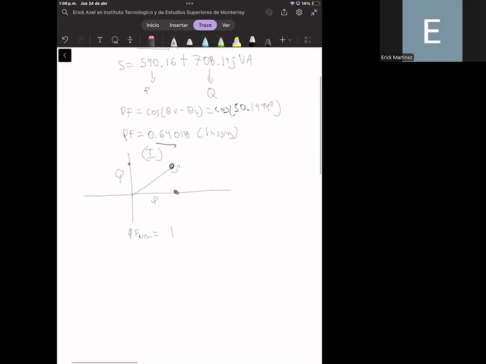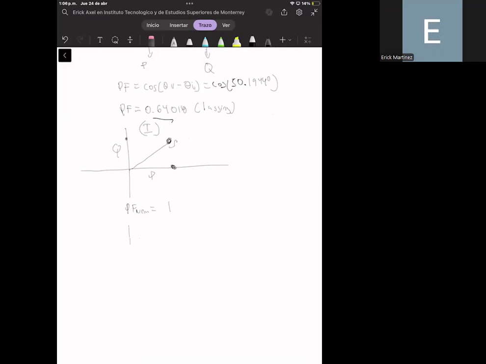So the idea is that we want to move the original complex power, the first complex power, from this position and move it to this position. Since the power factor is unity, I want to move it to this position, okay?